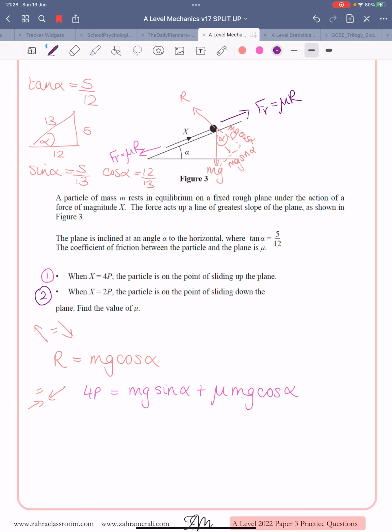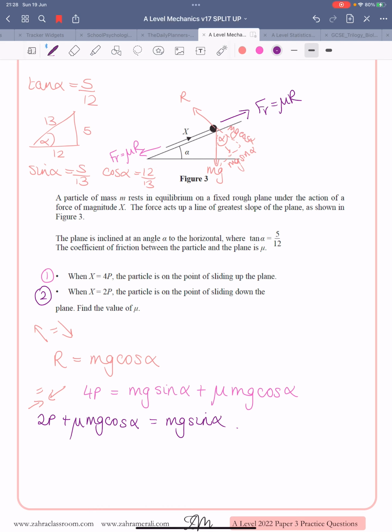And then going the other way, this time exactly the same, we're going up the slope. Instead of 4p, we've got 2p, but we've also got mu R. It's going the other way this time, and that equals mg sine alpha.